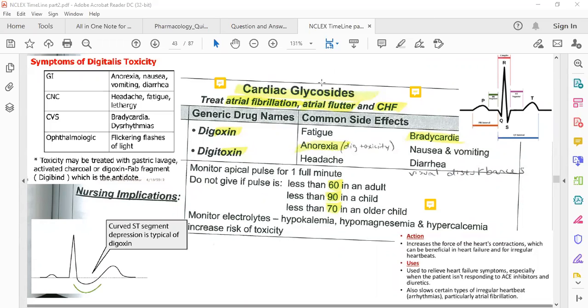The cardiac glycoside we use for treatment of atrial fibrillation or atrial flutter, or if the patient has congestive heart failure, we use the cardiac glycoside digoxin. What are the generic drug names for cardiac glycoside? Example is digoxin.